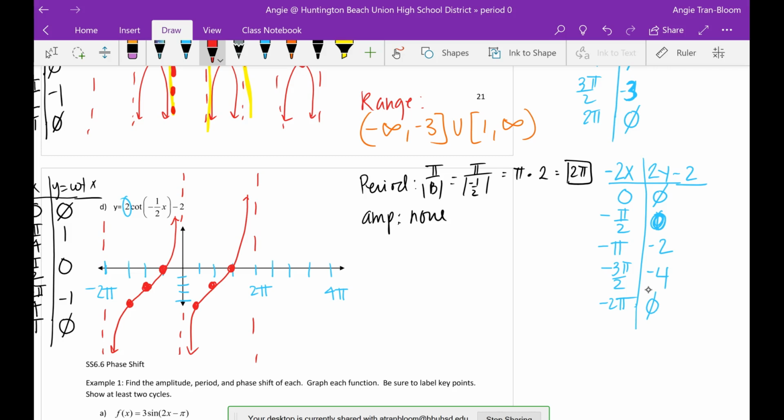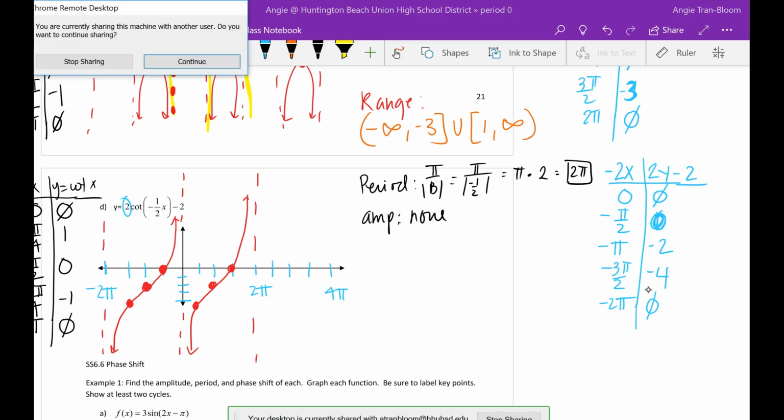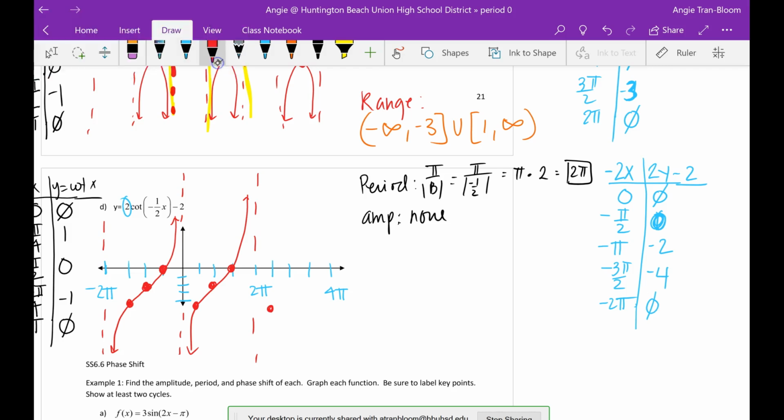Next one, okay. Logan, what do you want me to do at the next tick mark? 5 pi over 2 negative 4. Very good. Okay. At 3 pi, Gracie, what do you want me to do at 3 pi?